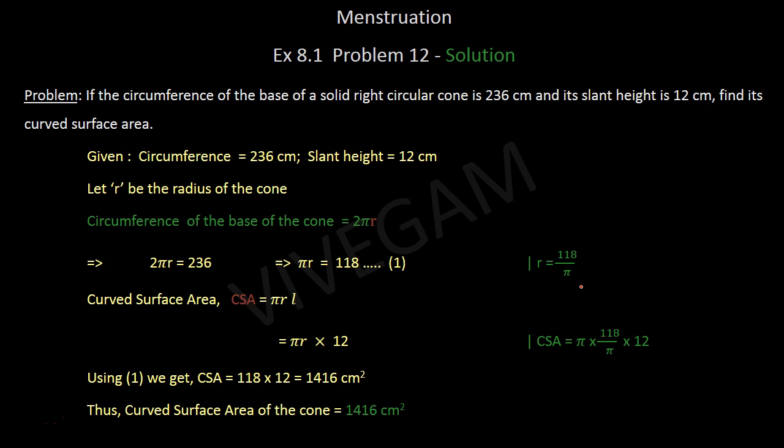In this method we are calculating r, but the key is we are not substituting pi as 22 by 7 and simplifying it, because this pi will get cancelled in the next step, and CSA is calculated using the formula pi r L, substituting r as 118 by pi. Whereas in the other method we are keeping pi r as it is and substituting pi r as 118 and calculating it.